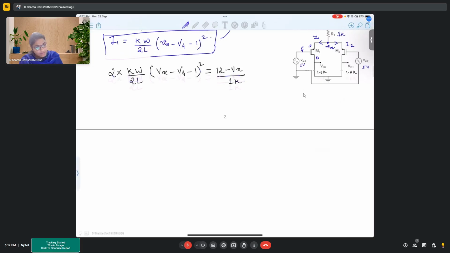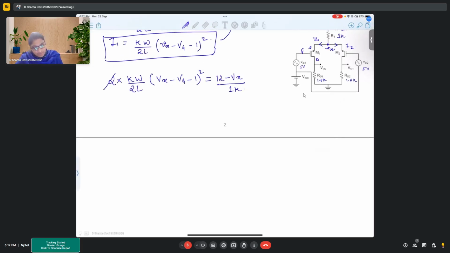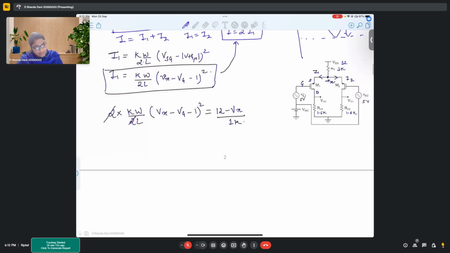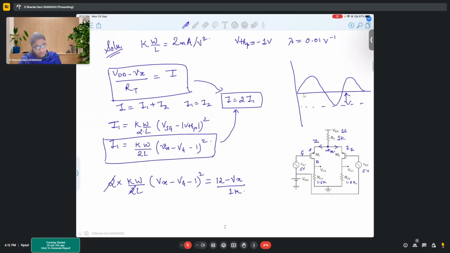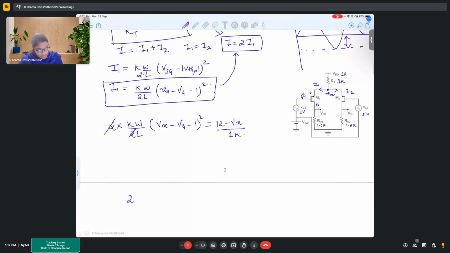Here these two cancel. Now here we will have 2 milliamps per volt square times (Vx minus Vg minus 1) whole square equal to (12 minus Vx) by 1k.